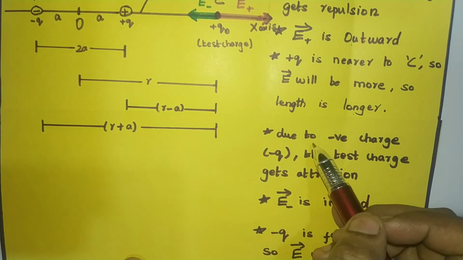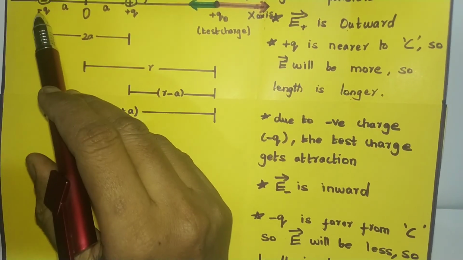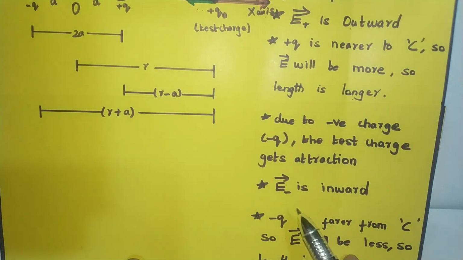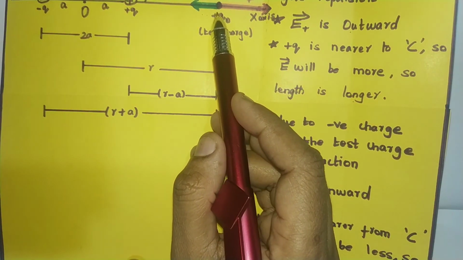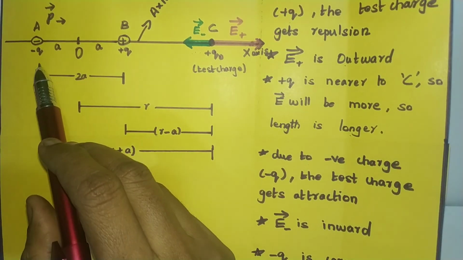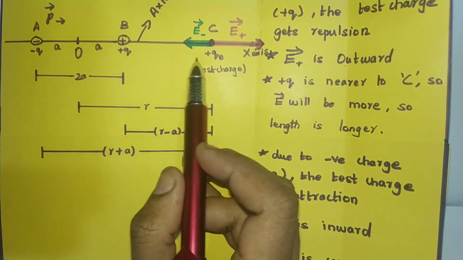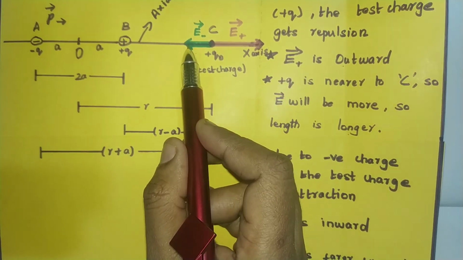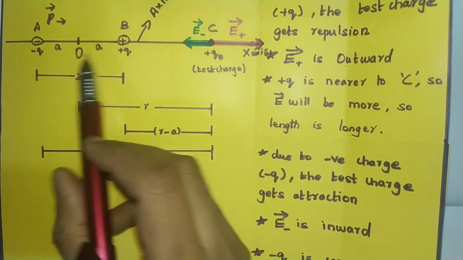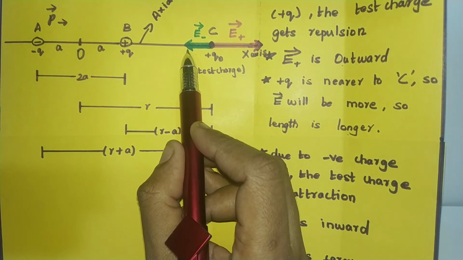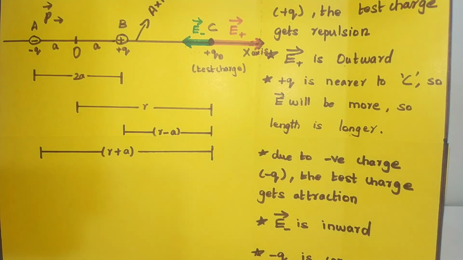Okay. Now due to negative charge minus Q, the test charge gets attraction. That is, E minus vector is pointing inwards. Due to negative charge minus Q, the test charge Q naught gets attraction. This is minus and this is plus. Then E minus vector is pointing inwards.